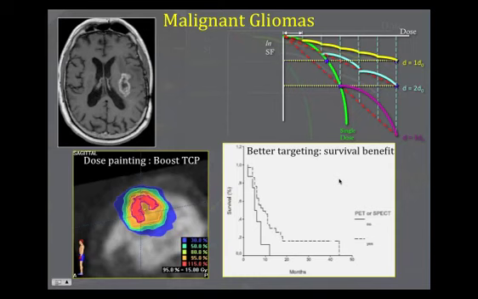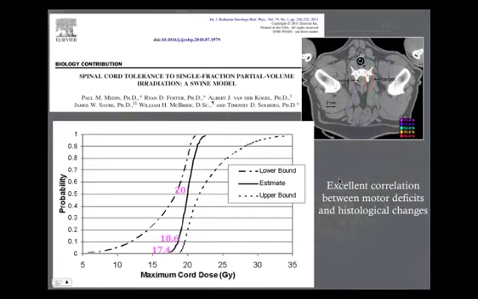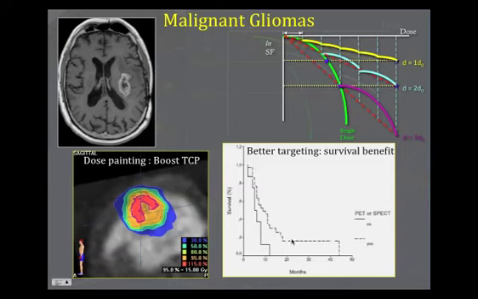So this paper from Dr. Grozu is a small retrospective series where she compared irradiation to the same dose in gliomas that were defined by contrast enhancing plus methionine PET versus just contrast enhancing. And somewhat surprisingly, she did find a survival benefit.